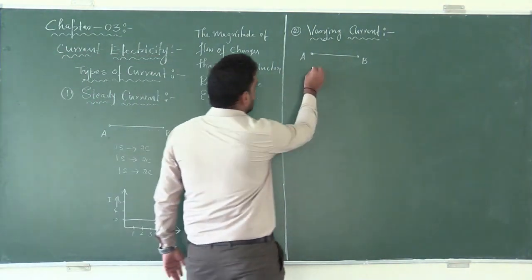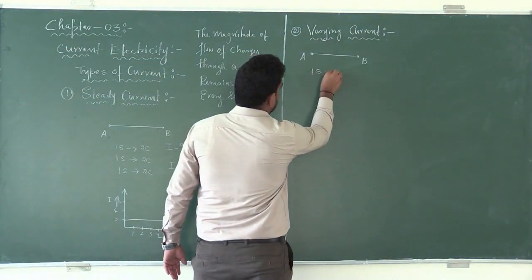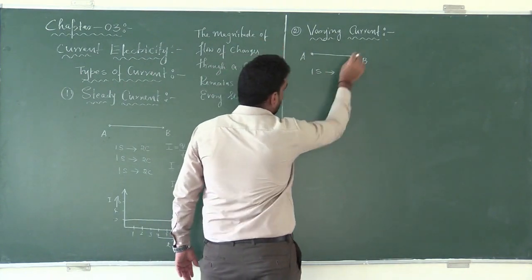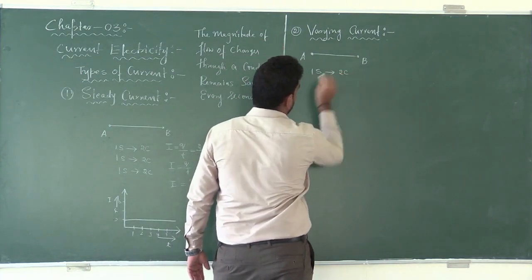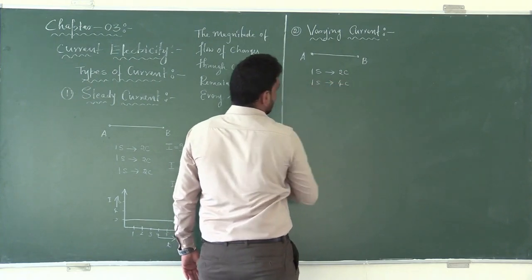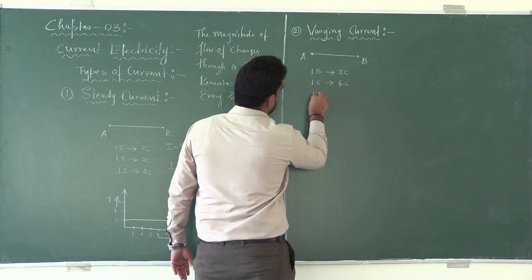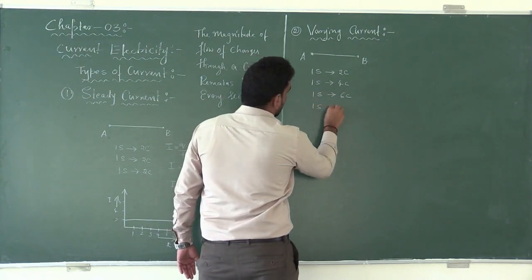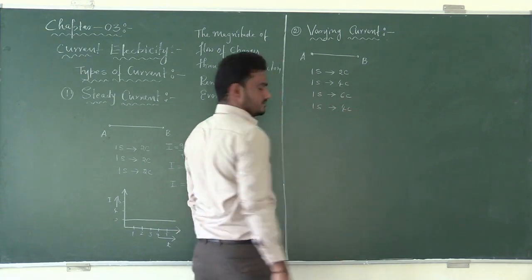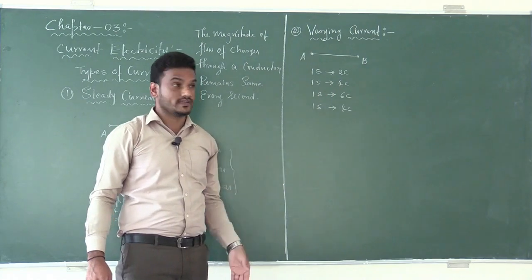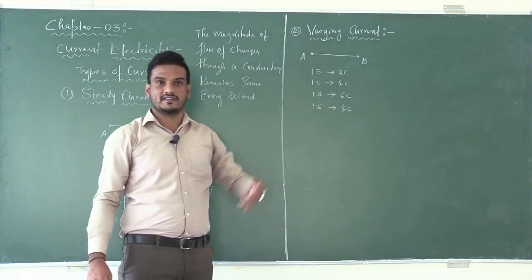Suppose in the first second, the magnitude of the charge that flows through the metallic wire is 2 coulomb. In the next 1 second, 4 coulomb. Next 1 second, 6 coulomb. In the next 1 second, again it may be 4 coulomb. It may increase or decrease, but one thing you can notice, it keeps on changing.